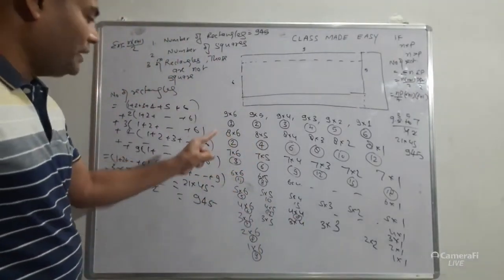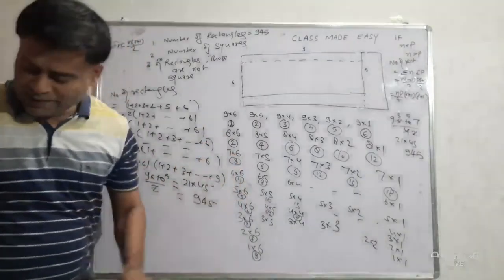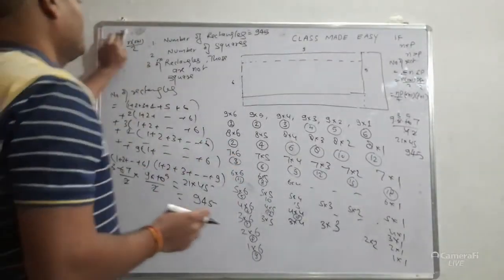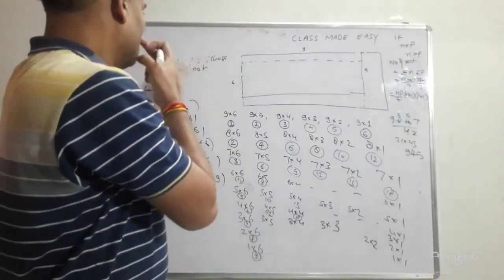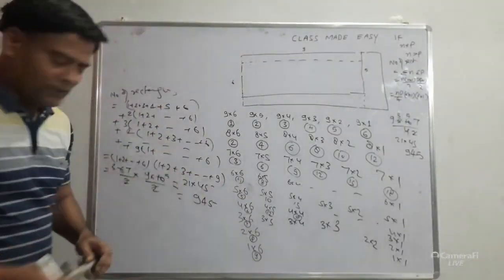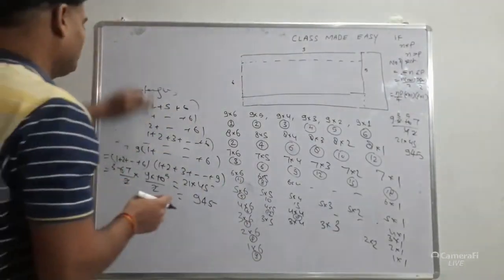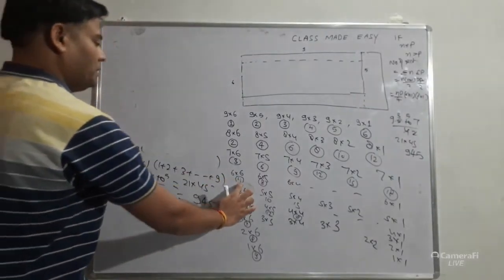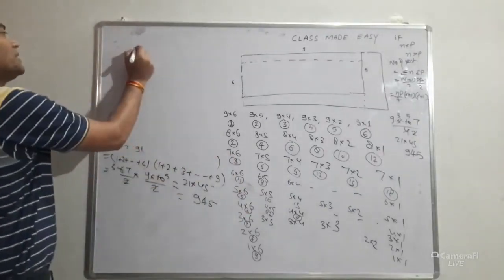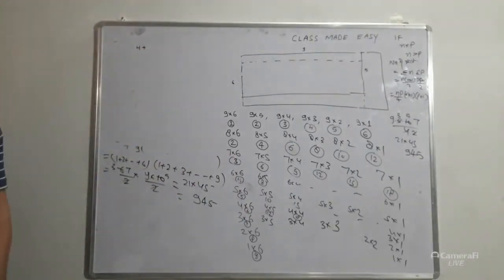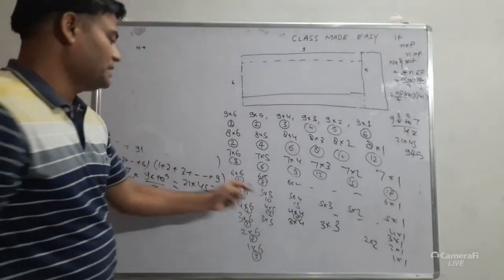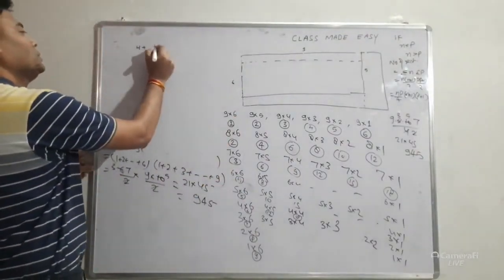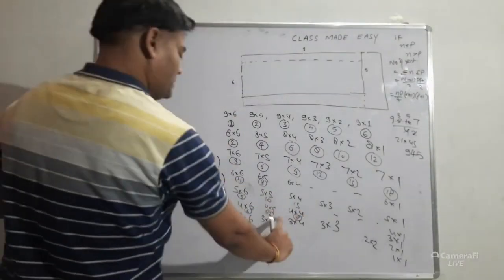So we will calculate this number of squares. In this it is 4, in this it is 10, now it is 18.